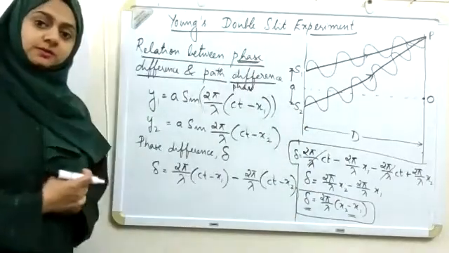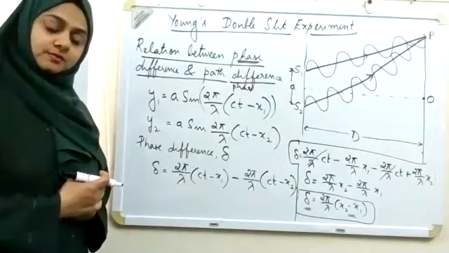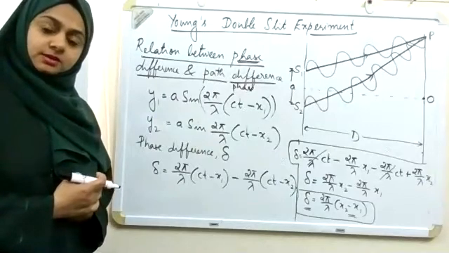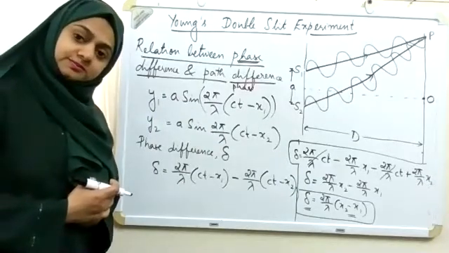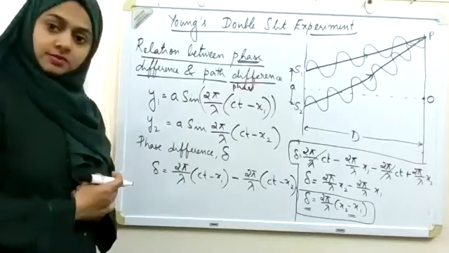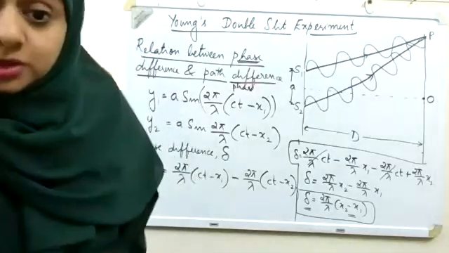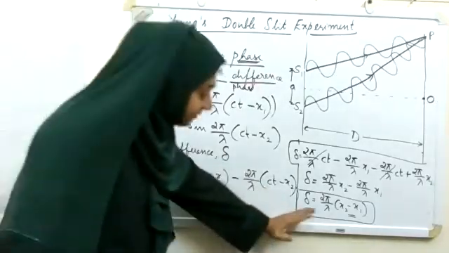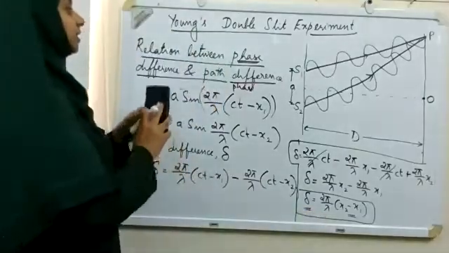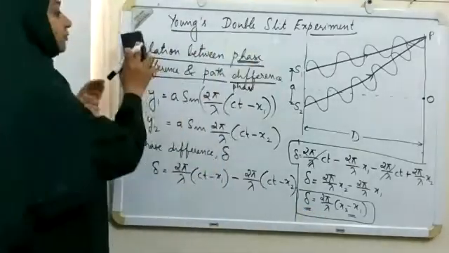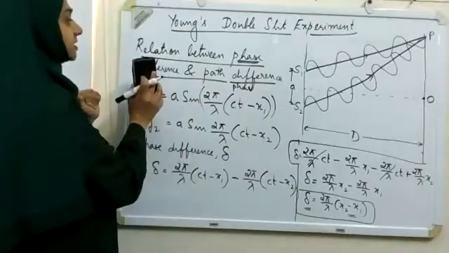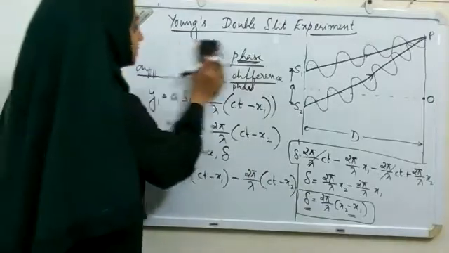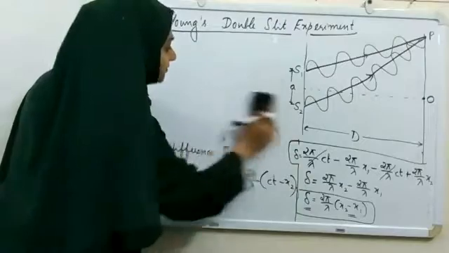This derivation? Say yes or no. Yes, teacher, it's clear. Okay, so let me proceed and I will mention this equation somewhere, and we will use it for our further derivations. That is the relation between phase difference and path difference.